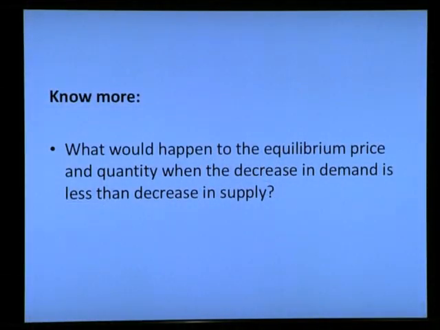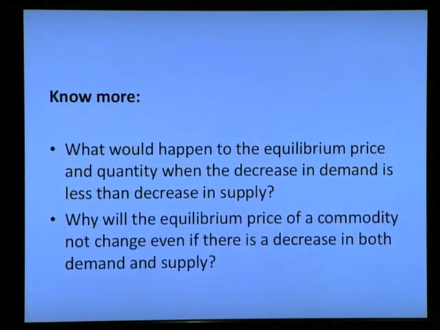The first one is, what would happen to the equilibrium price and equilibrium quantity when the decrease in demand is less than the decrease in supply? The second one is, why will the equilibrium price of a commodity not change even if there is a decrease in both demand and supply?